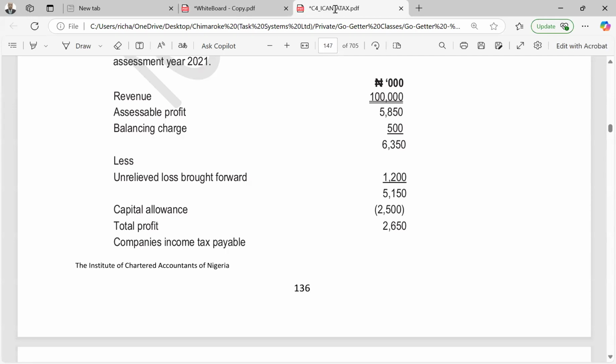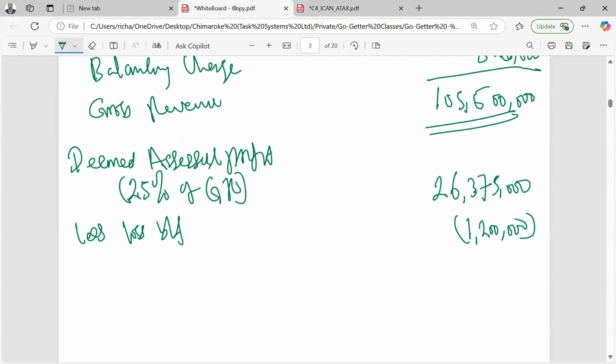Then we are going to remove capital allowance, 2.5 million.